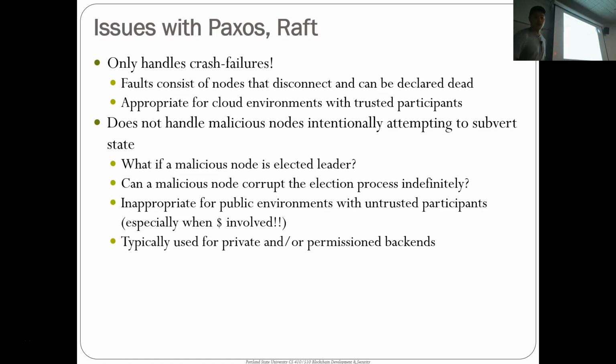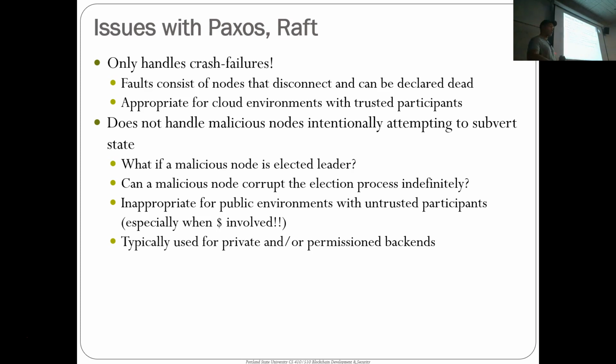Okay? So for example, what happens if a malicious node is elected leader in both Paxos and in Raft? The leader has specific extra responsibilities, and if that leader is malicious, then you've got a problem in both of these protocols. What happens if a malicious node can corrupt the election process indefinitely?